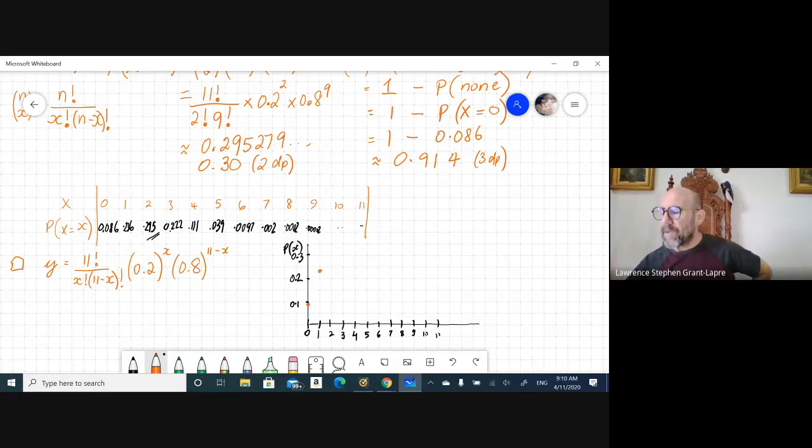Probability of 2 is 0.295, that's almost 0.3. Probability of 3 is 0.222. We're dropping now. Probability of 4 is 0.111. Probability of 5 is 0.04, almost 0.05.